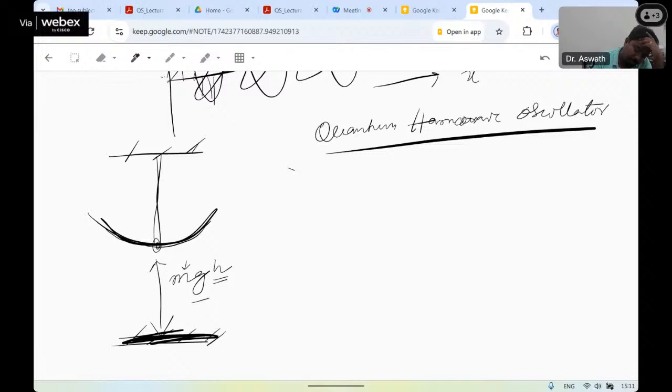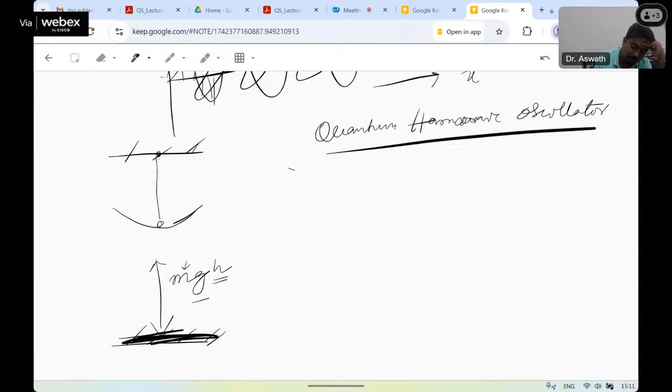Since I am taking a reference point here and I have lowered from the reference point, the pendulum would have some potential with respect to here. So that is a potential for you.